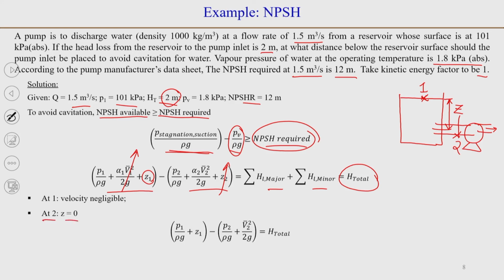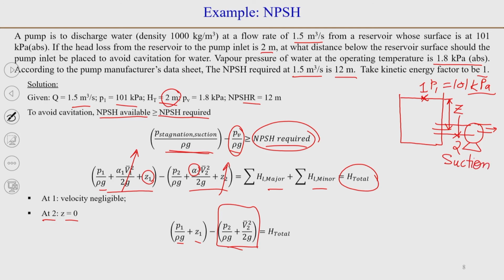So, our equation simplifies to P1 plus rho g Z, where P1 is the pressure here, 101 kilopascal, which we know already, minus P2 plus alpha, which we have taken as 1, P2 plus V2 square by 2 g, and that is basically the suction side, because point 2 is our suction side of the pump.